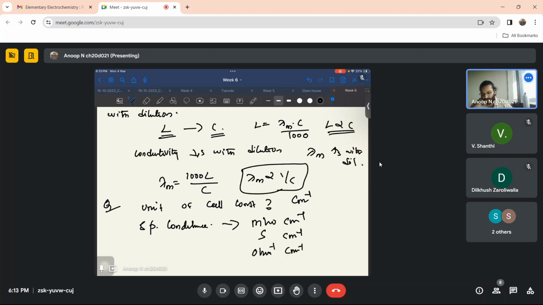All are the same. Then what is the unit of conductance? Mho, ohm inverse, or Siemens. Right? So now we'll go to question number 5.